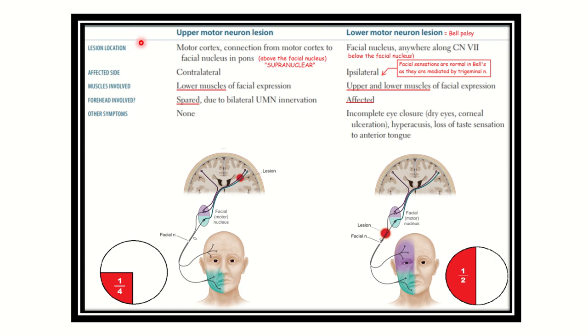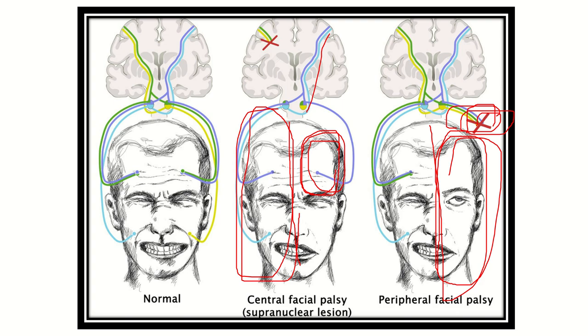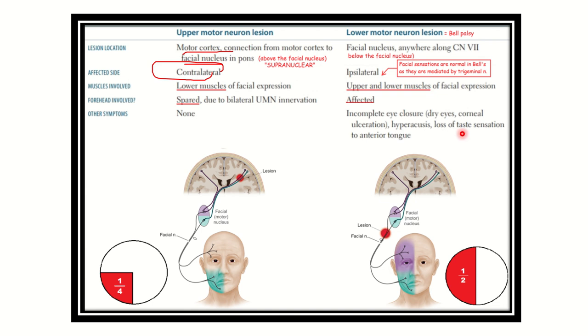In case of upper motor neuron lesion, it usually occurs at the motor cortex and the facial nucleus. Then the affected side is usually the contralateral side. In this picture, we saw that the contralateral side is affected.